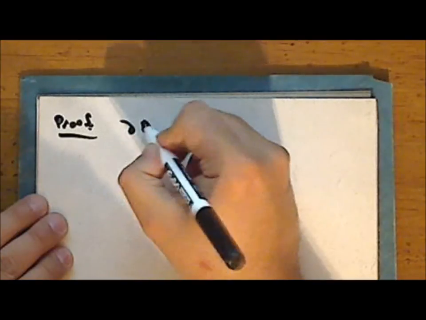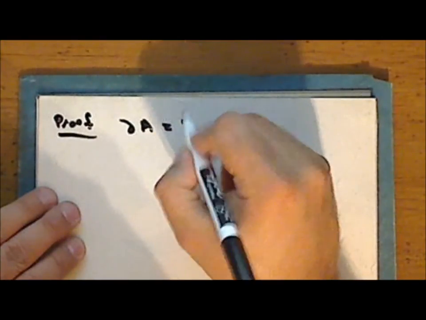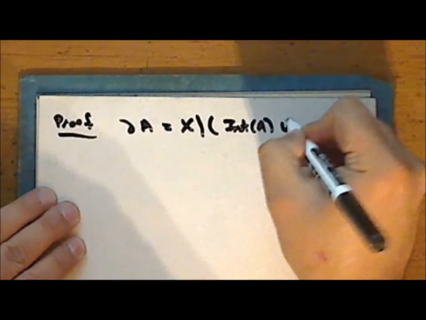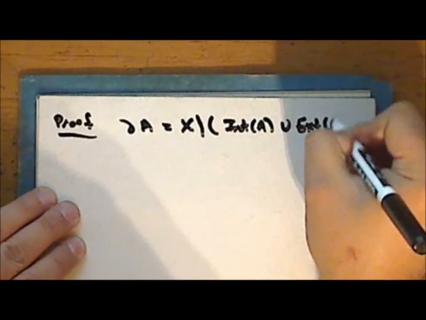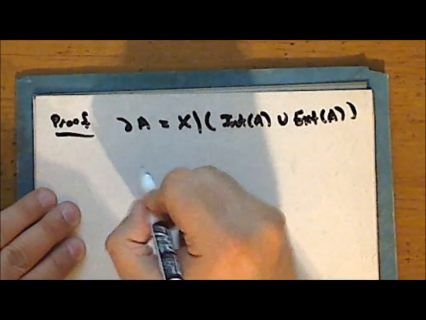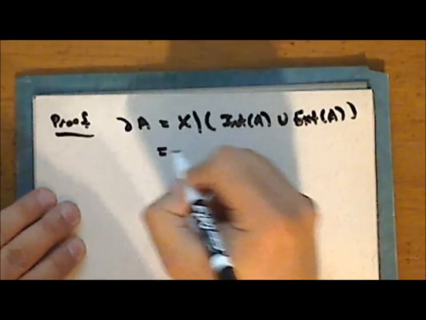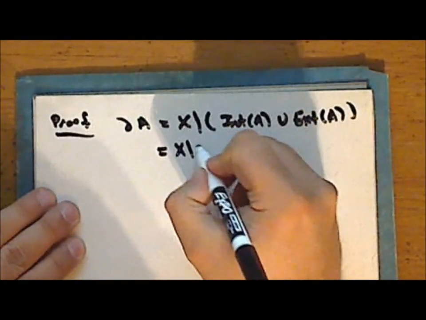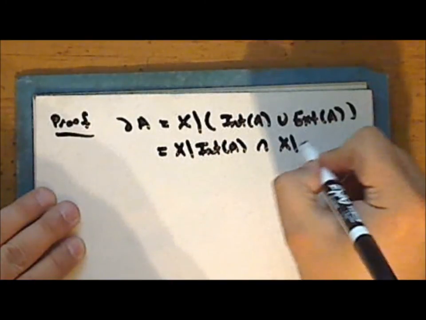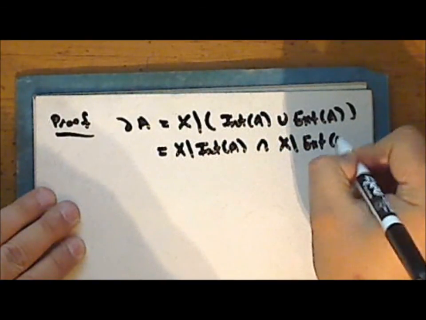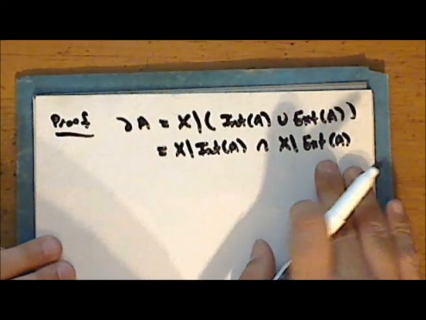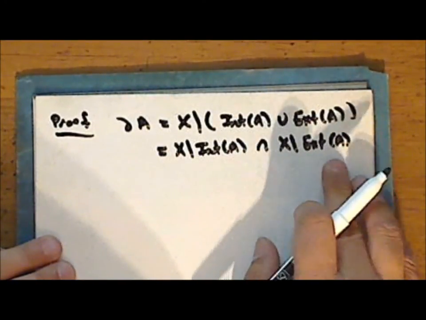Once again, by definition, the boundary of A is the complement of the union of the interior of A with the exterior of A. The complement of a union is the intersection of complements, and so this is the intersection of the complement of the interior of A with the complement of the exterior of A. The exterior of A is the complement of the closure, and so this is the complement of the complement of the closure.